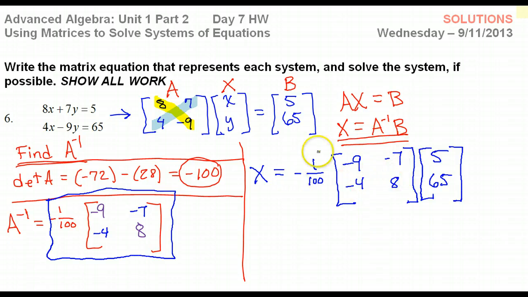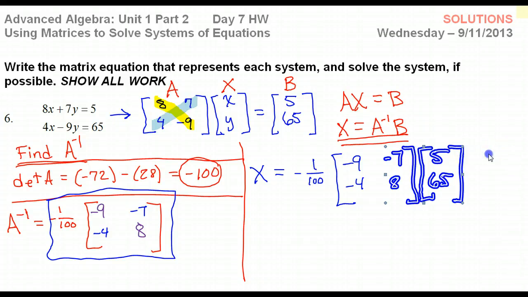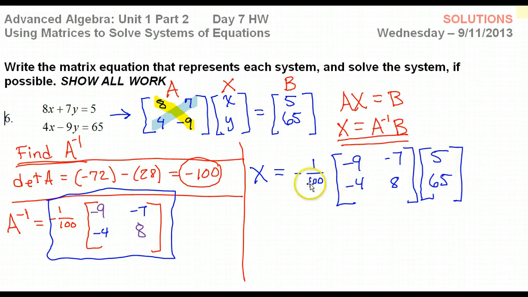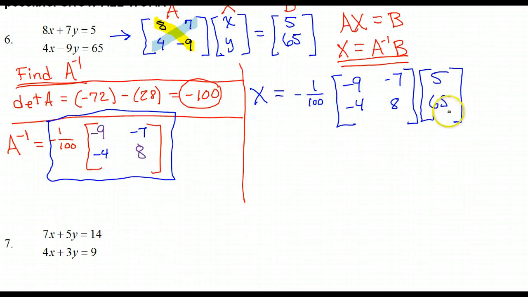So X equals, all of this is A inverse, and this is our B. All we need to do is multiply these together, but it will be easier if we multiply these matrices together first, and then just divide everything by negative 100 at the end. Let's give that a try. Looking at these dimensions, this is a 2 by 2 matrix, and this is a 2 by 1 matrix.